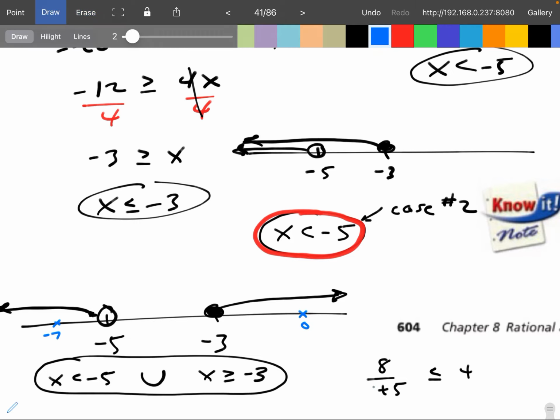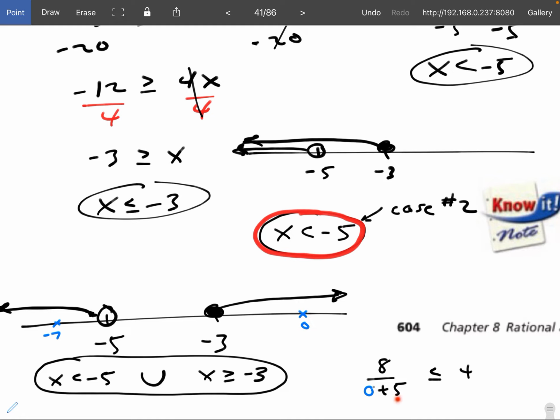If I plug 0 in for my x, in the denominator, I've got 0 plus 5, that's 5. 8 divided by 5 is the same thing as 1 and 3/5, which is 1.6. Is 1.6 less than or equal to 4? Yes or no? Yeah. So our solution is good.